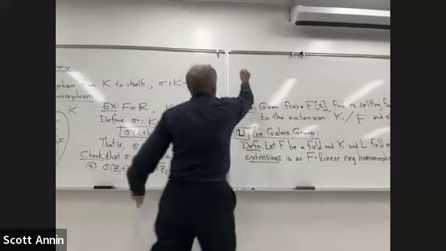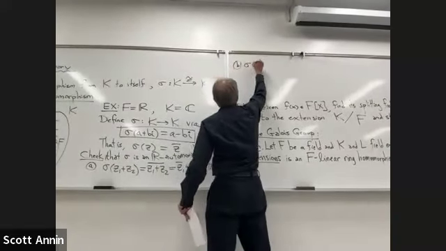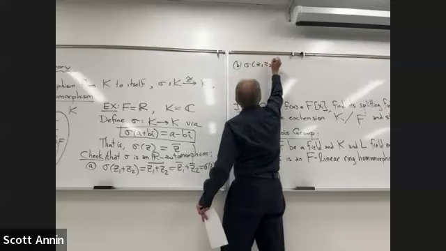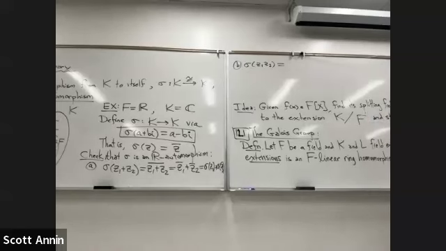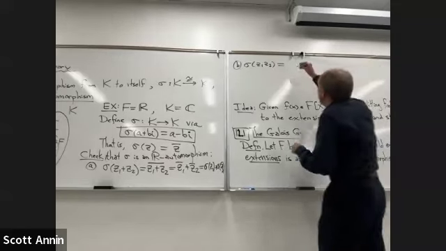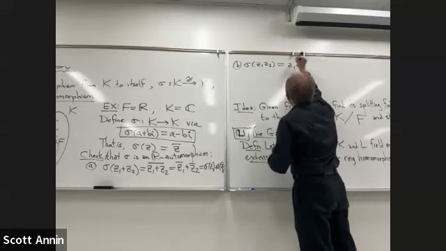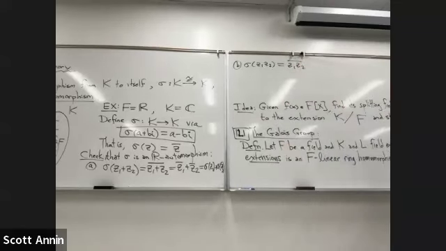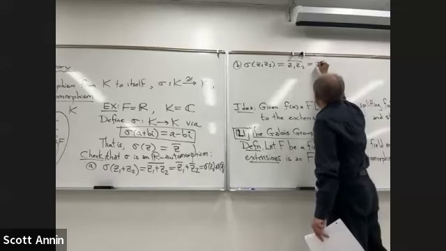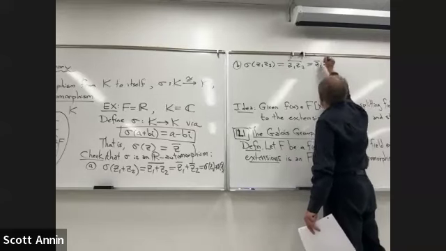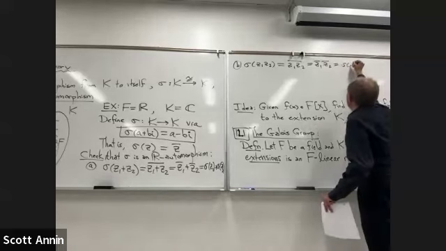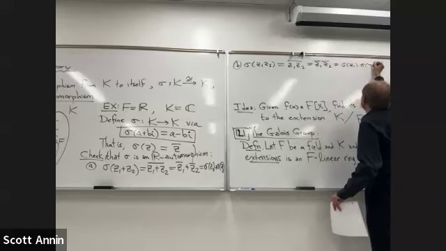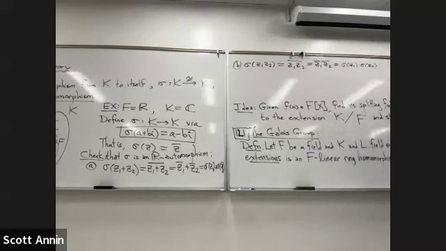We still have to check, for part B, similarly, sigma of, let's say, z1 z2. Again, z1 and z2 are going to be elements of K. The formula tells me to put a bar on top of whatever I plugged in there. And again, another nice property of complex conjugates is that they can be split up under multiplication. And so you just get sigma of z1 times sigma of z2.